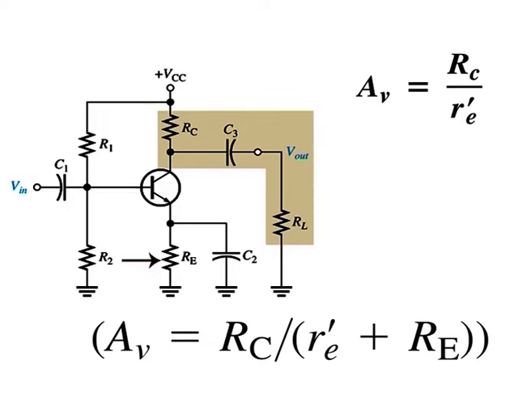However, with emitter resistance unbypassed, the gain is much less dependent on the AC emitter resistance r'e. If Re is much greater than r'e, the gain is essentially independent of r'e because Av is equal to Rc over Re.